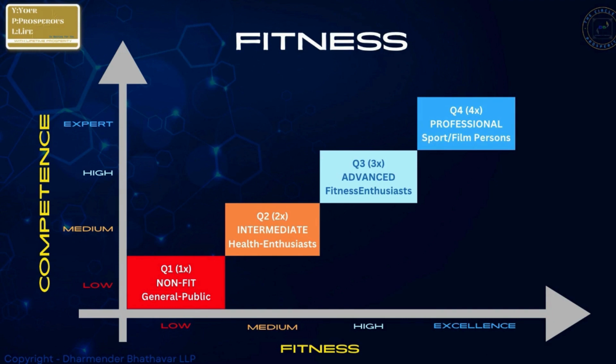The first people whom we can consider here are sports personalities and also film personalities. They are very professional towards their fitness programs, and also the fitness coaches. We can consider them in this particular quadrant.